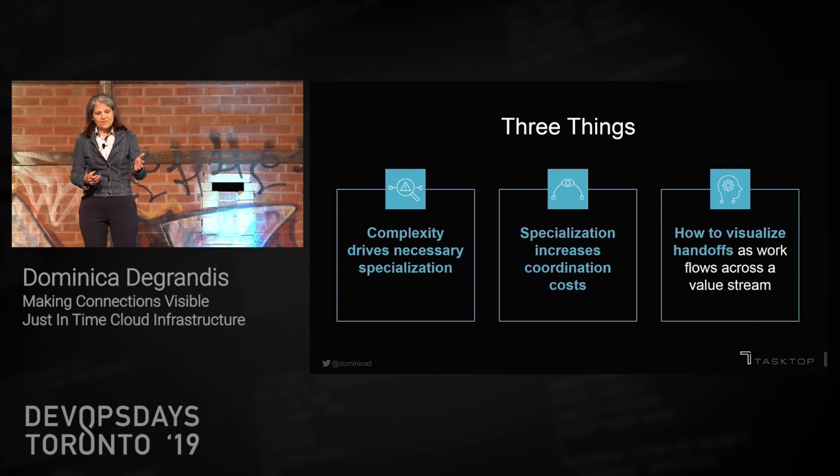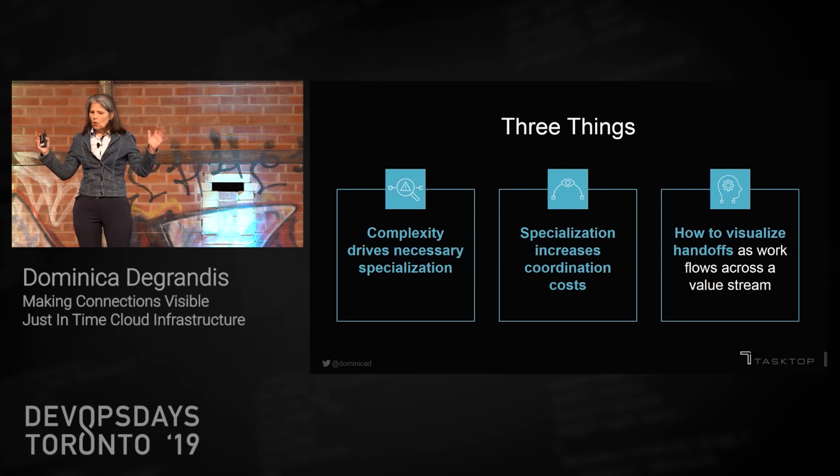And then, team A's priority isn't team B's priority, right? And then 3, I want to give you an exercise that you can take back with your team so that you can start to visualize these handoffs, because it's just, frankly, really hard to manage invisible work.